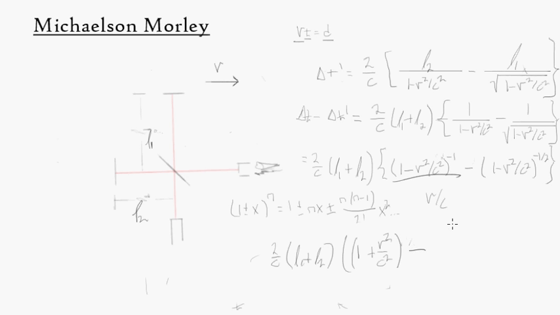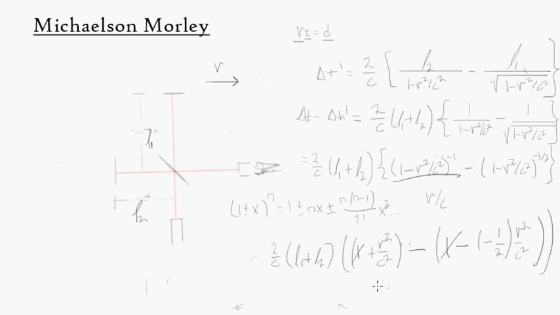Now, minus this term, and this is going to be similar. 1, we're using a minus n. n is a 1/2, and I stated that wrong: 1 minus n, n is a minus 1/2, times x, which is v squared over c squared. Bada bing, bada boom. All right, so the 1's cancel out here.